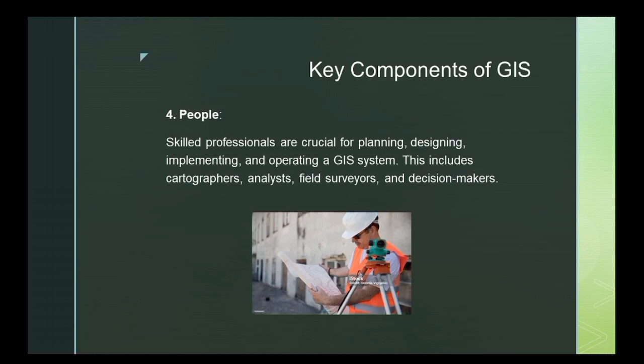They include cartographers, who make the maps and analyze geographic data, then field surveyors, who collect and capture geographic data, and then there are decision makers that use this GIS data that has been captured and analyzed to make decisions.